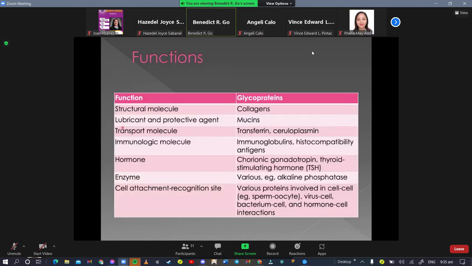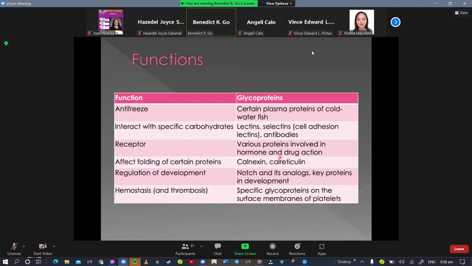So they have different functions, and all of these you can read in Harper's. Just be familiar with them. You don't really need to actually memorize each function.